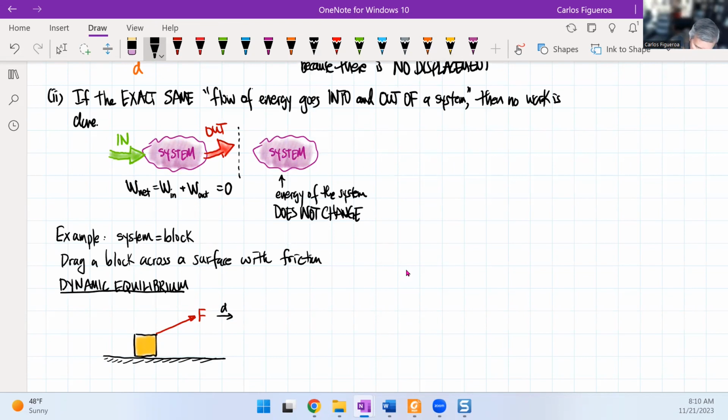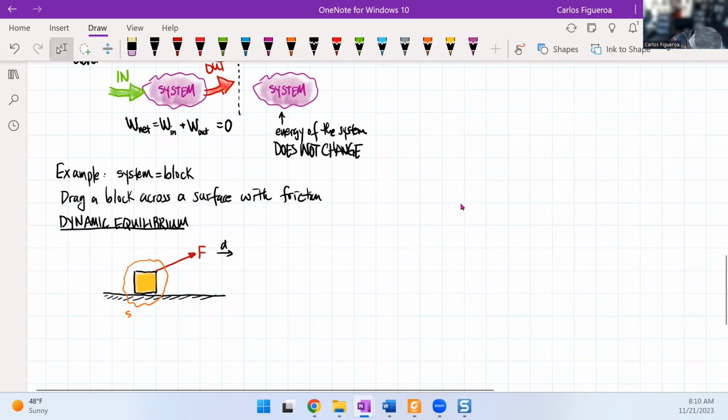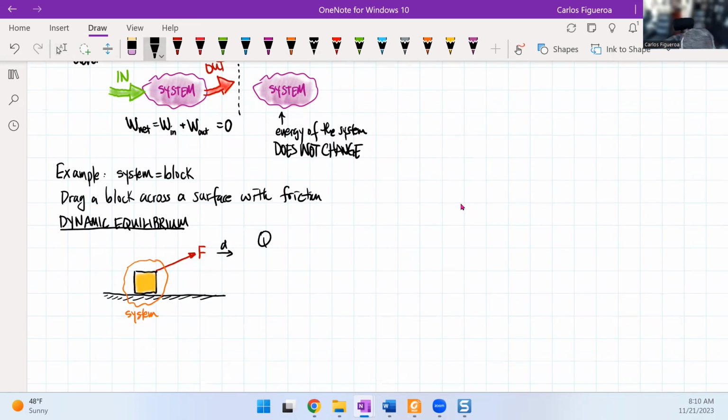So when I look at this, this is my system. Now, if this is my system, what are the external forces that act on the block?